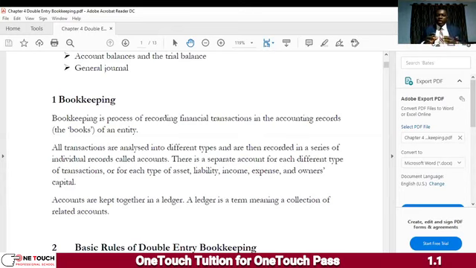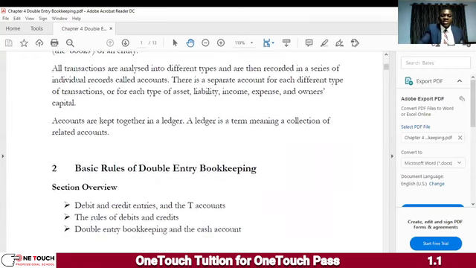So every transaction that occurs needs to be recorded, and that transaction should have two effects, a debit and a credit.